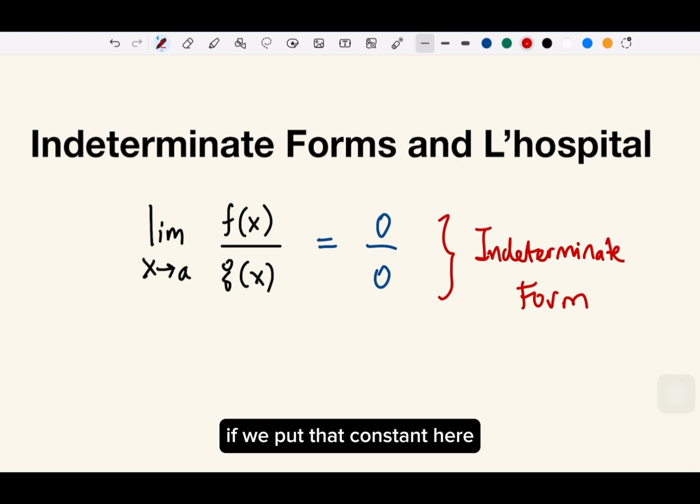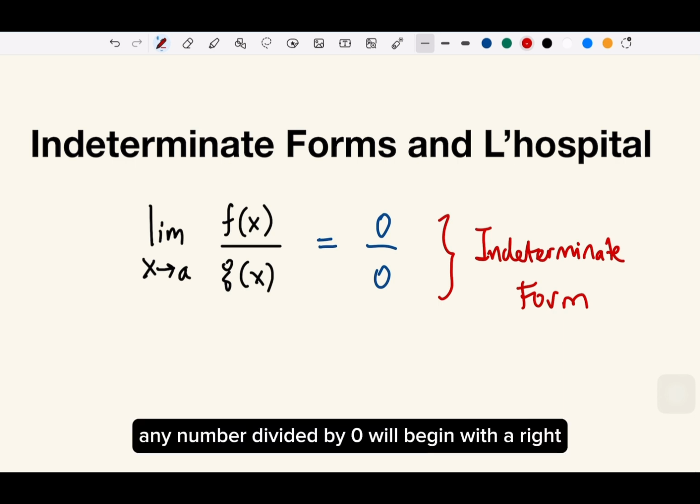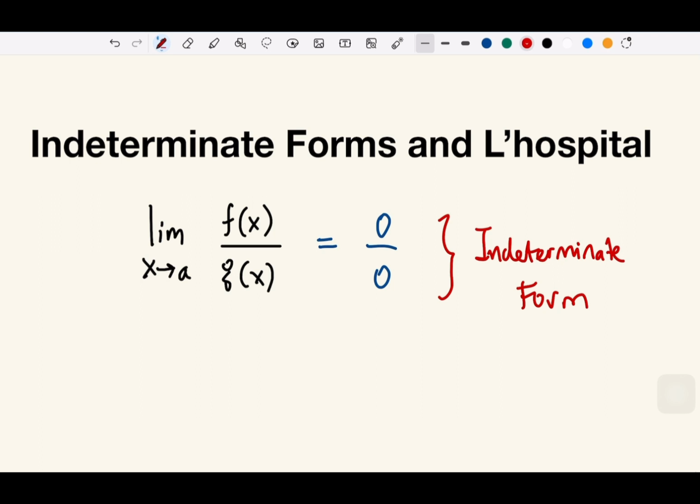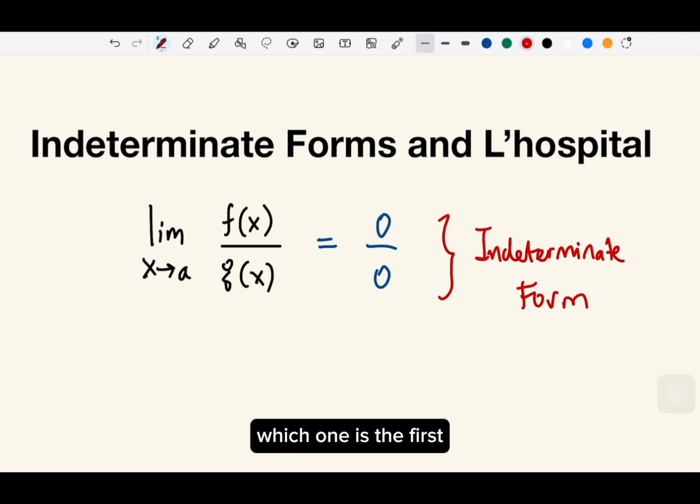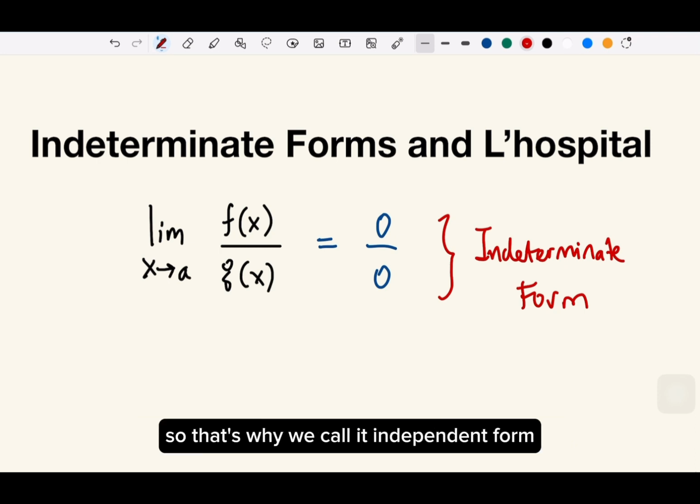If we put a constant here, in terms of limit, any number divided by 0 will be infinity, right? But if we put 0 here and this any number, it will be 0, right? So what this indeterminate form is actually is quite confusing whether it will be 0 or infinity. So that's why we call this indeterminate form.